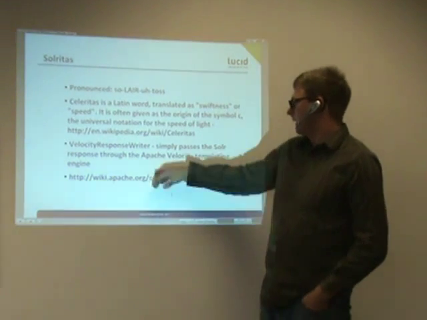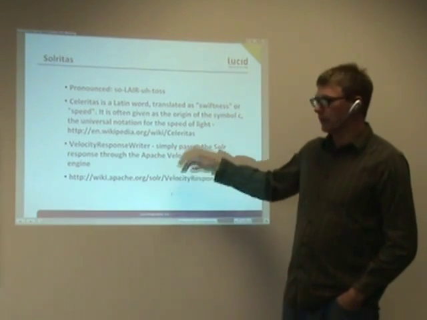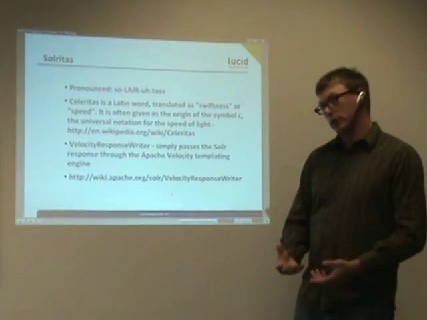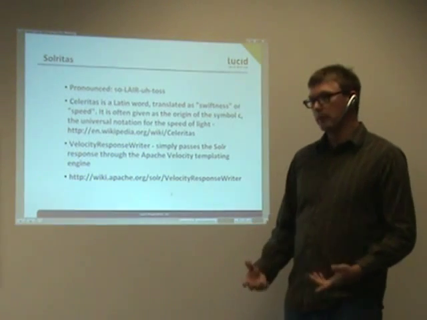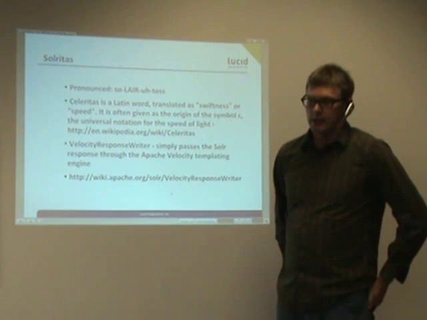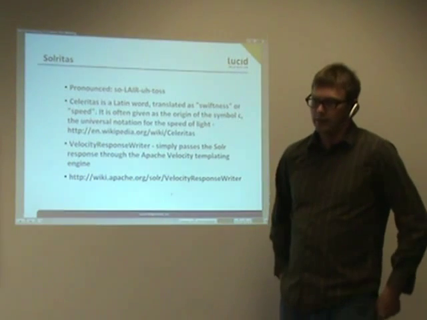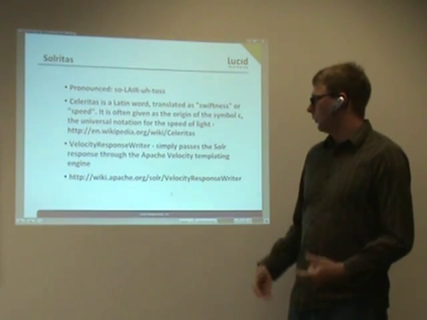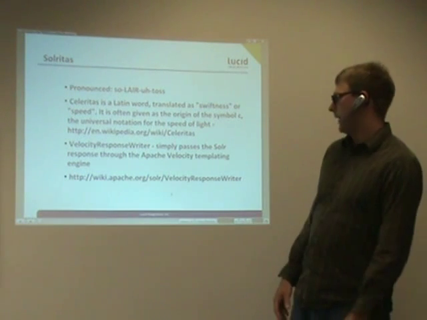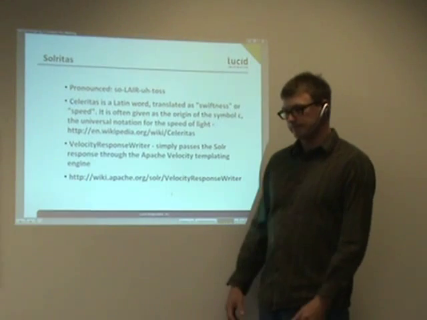So kind of cleverly, we named it this because we're using velocity here to present Solr through a velocity template. Apache Velocity is a very fast, very lightweight, clean templating language. And so Solr has a response writer that runs it through that.